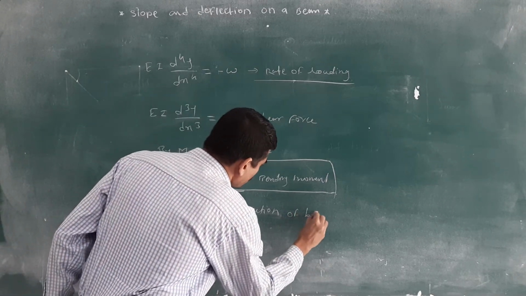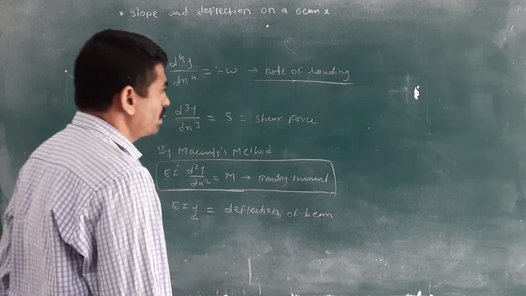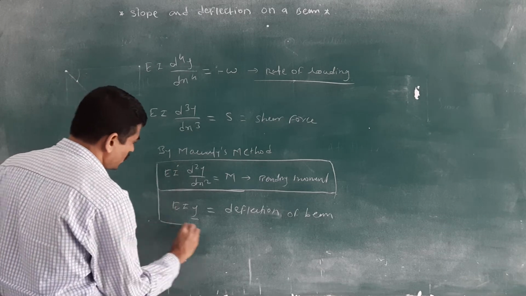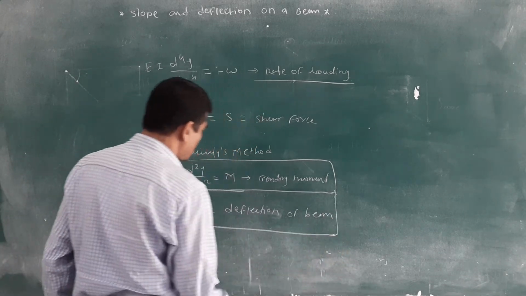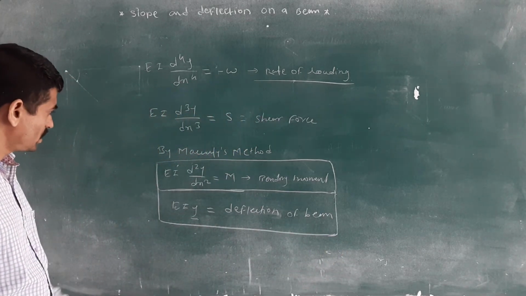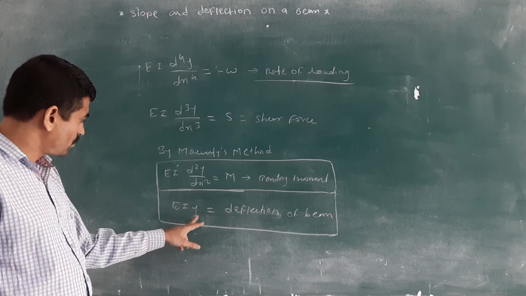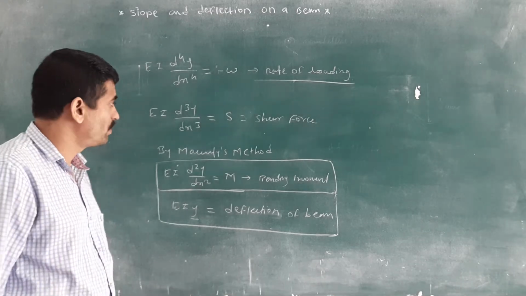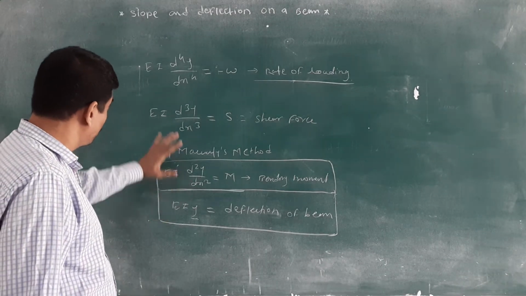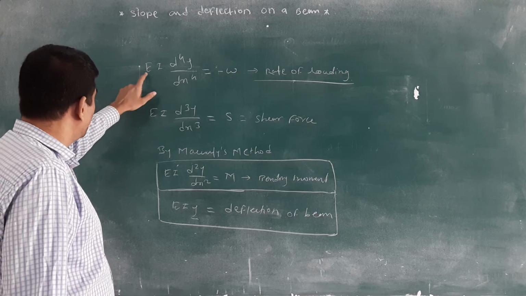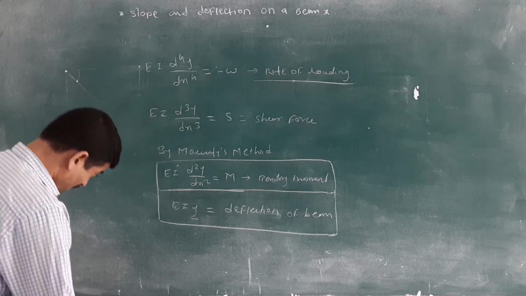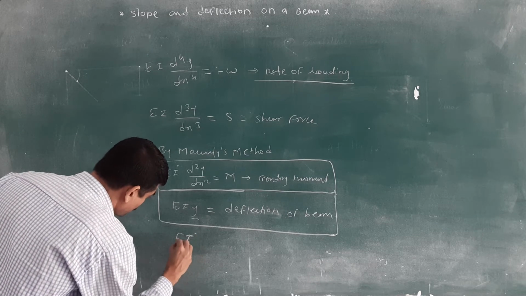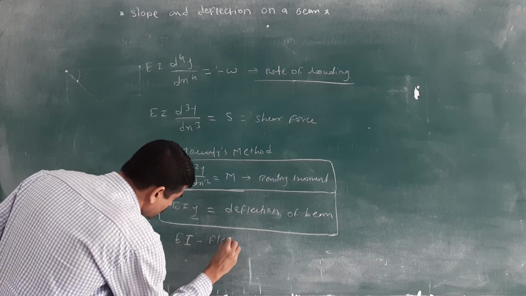Y means the deflection of the beam. All of you getting it? This formula is required in the Macaulay method. You should remember this too. What is EI? EI is the flexural rigidity.